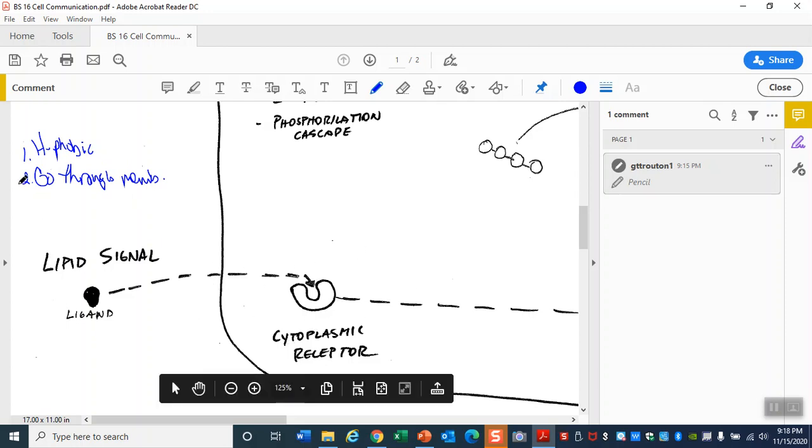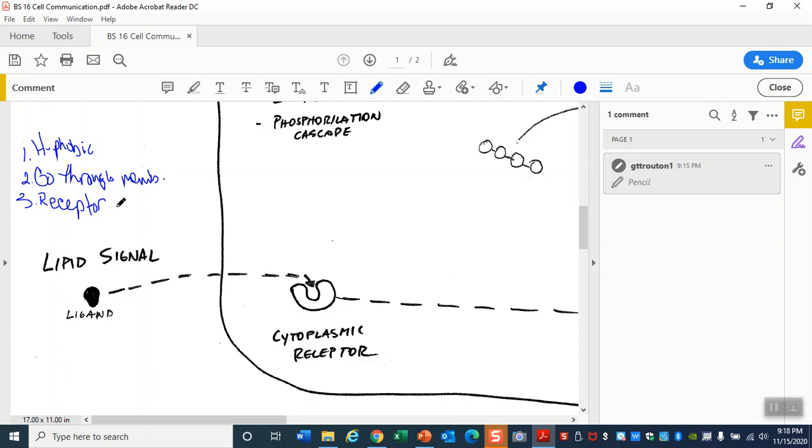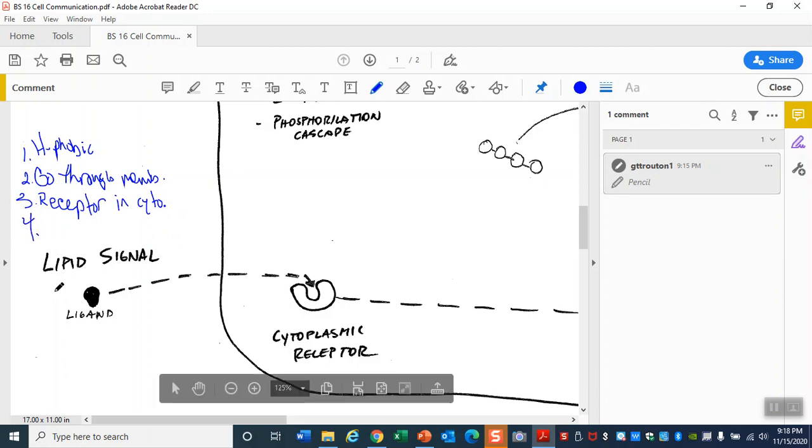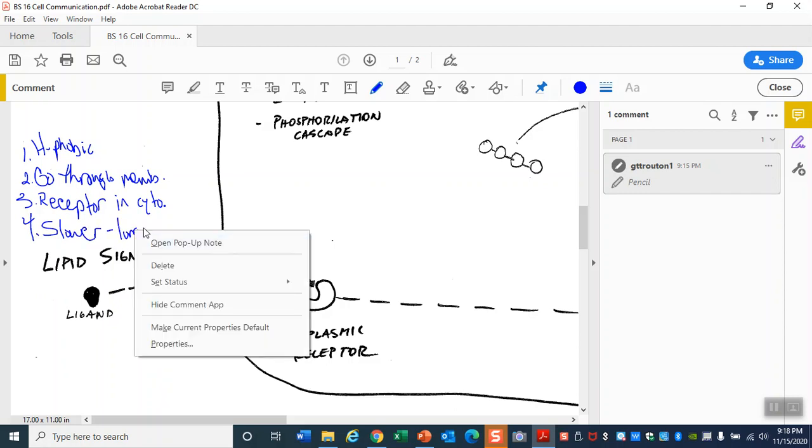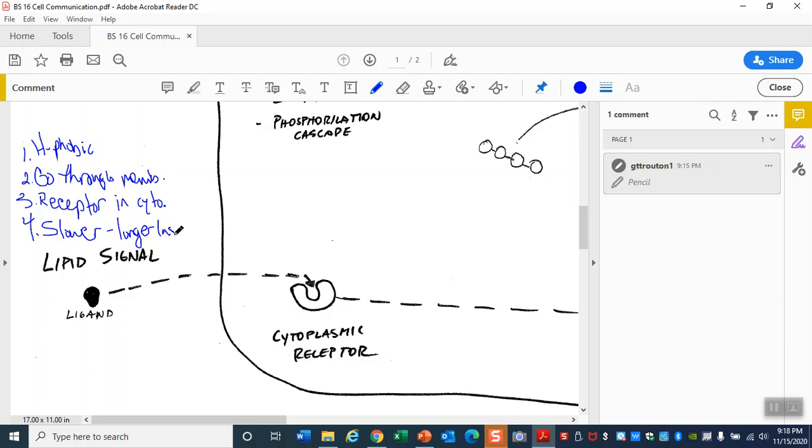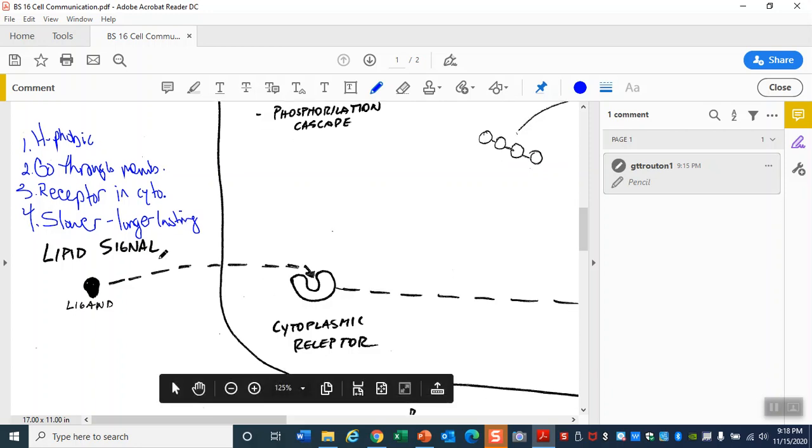They won't be membrane bound. So please add these notes to your big sheet: receptor in cytoplasm. And we'll see this in a second too. These responses tend to be slower and longer lasting than your protein signals. And again, lipid signals also will travel through the bloodstream.